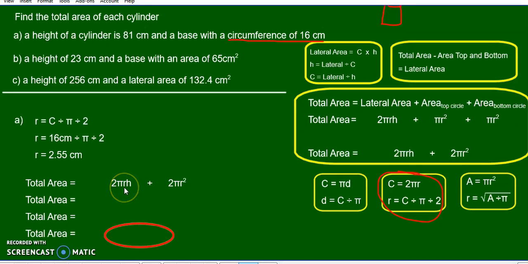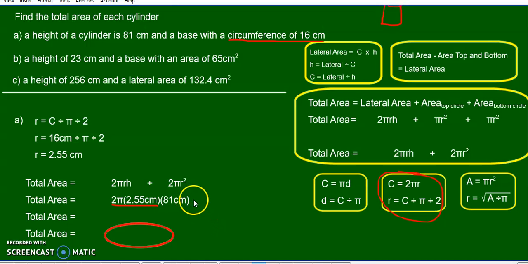I know r, I just found it. I had to do a little bit of work to get the r. H is given, and r is the same r we just found. So plug in all the values. 2 times pi times 2.55 times h was 81. So centimeters times centimeters will give me centimeters squared. Remember, just this part is the circumference, 2 pi r, times the height.